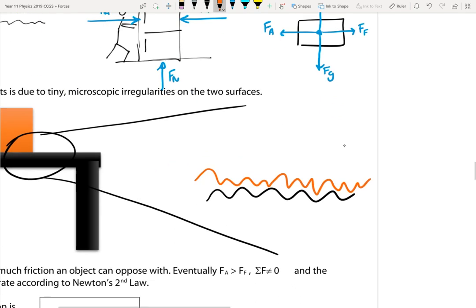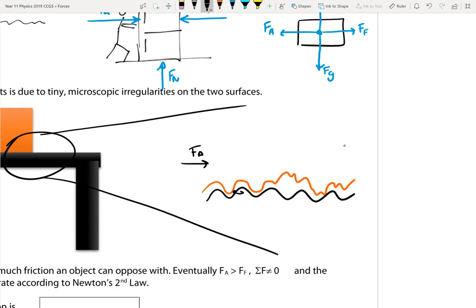So you can imagine if you tried to move one lateral to the other, if you tried to move one sidewards, there's going to be regions where they come into contact. So if I try and push that way, then there's going to be equal and opposite reaction forces. It's a bit hard to draw. But we're only action and reaction.